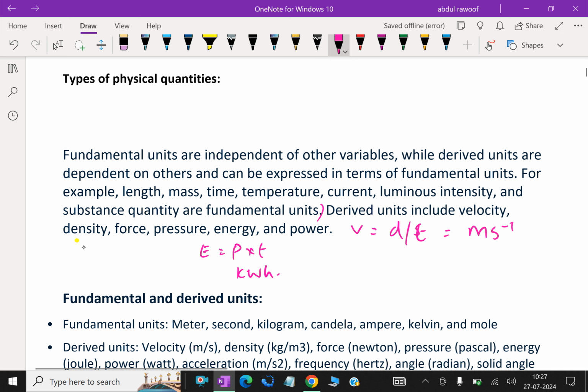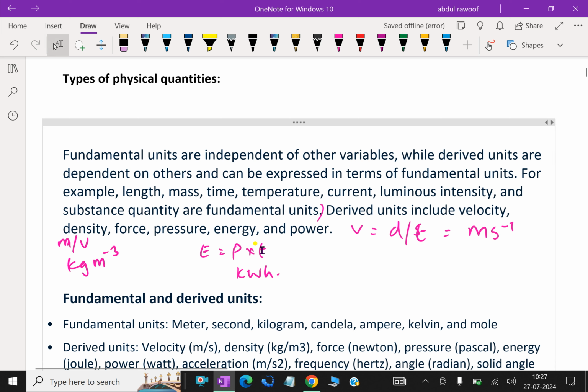Density is mass per volume. That is, kg per meter cube. Like this, we can derive the derived units from the fundamental basic units.